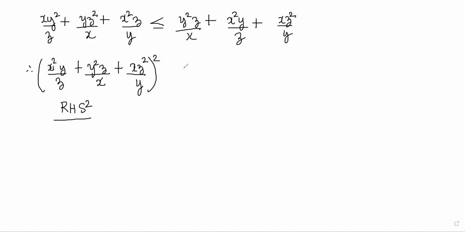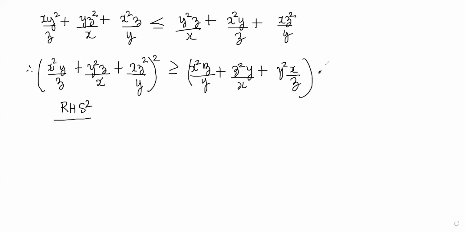RHS square will be greater than, I can write one term as the LHS, z square y by x plus y square x by z, and one term as the RHS itself, which is x square y by z plus y square z by x plus z square x by y.